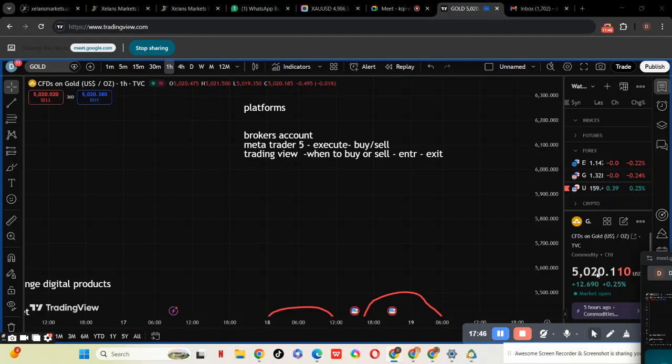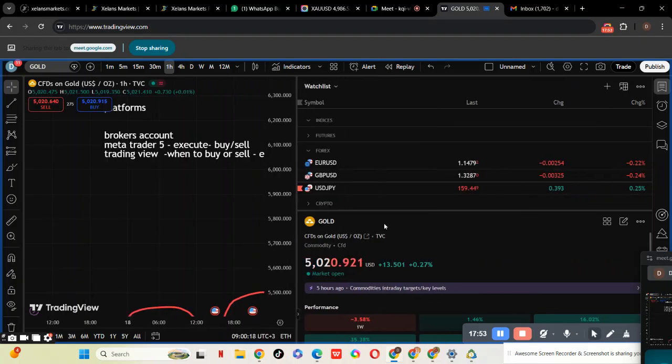So that's why you see the price keeping on changing. When you see these numbers changing, don't get confused. When you look at the USD JPY, look at the rates. These are the rates, and you can see it keeps on changing every now and then.